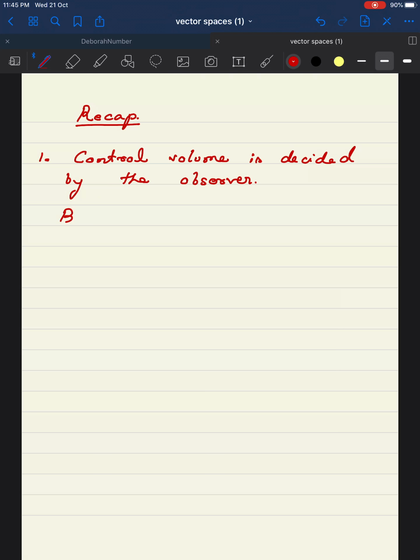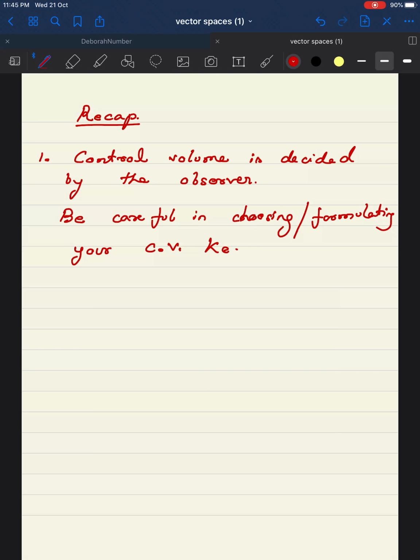So be careful in choosing or formulating your control volume. Okay. Keep track of your control surface.